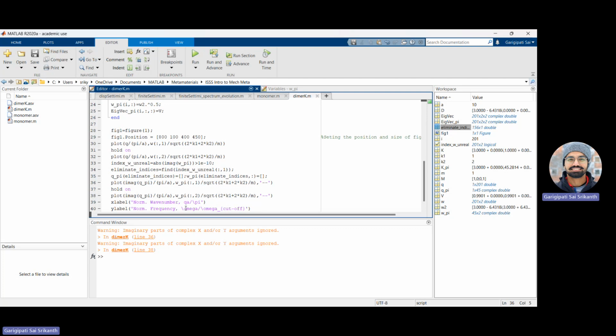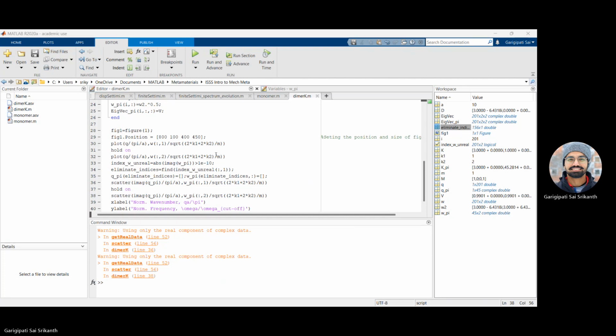If we use scatter, so I think some eigenmodes are... got it.